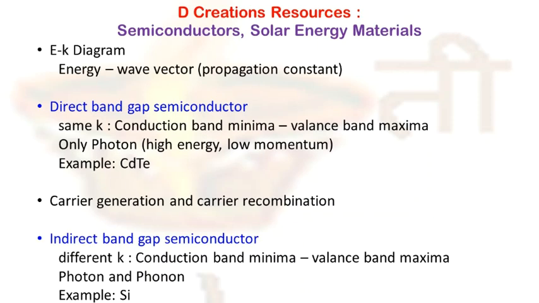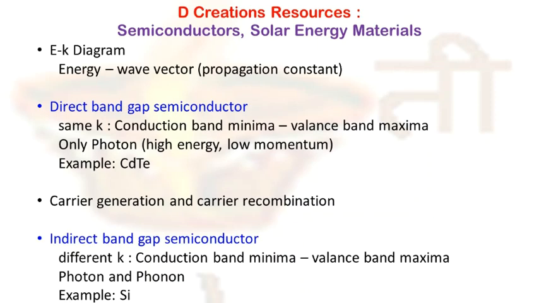Since the k axis represents electron momentum, excitation of an electron from the valence band to the conduction band will not only require photon absorption, but another particle, namely a phonon, also needs to be absorbed. Because if it absorbs only a photon, it will go in a vertical straight line. But here the two values are at different values of k. So in order to go there, you need a phonon absorption as well.